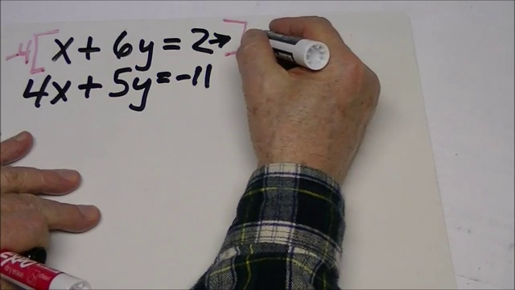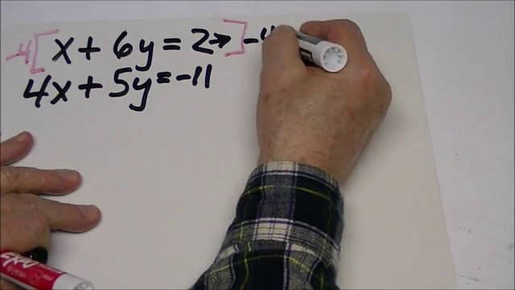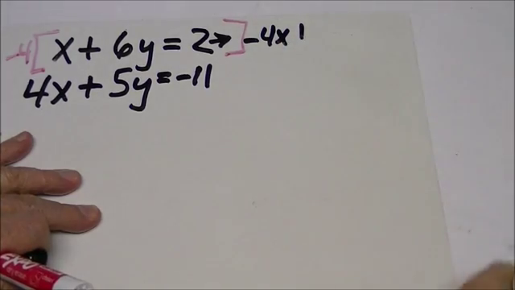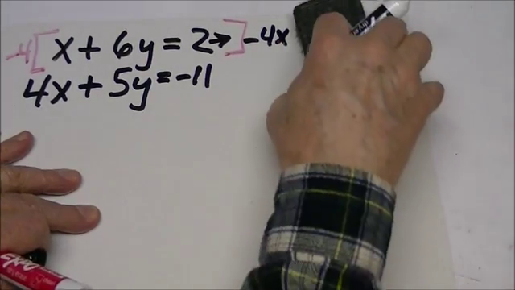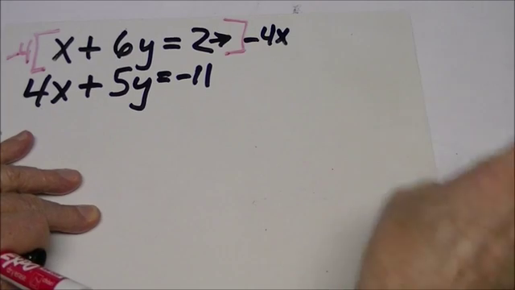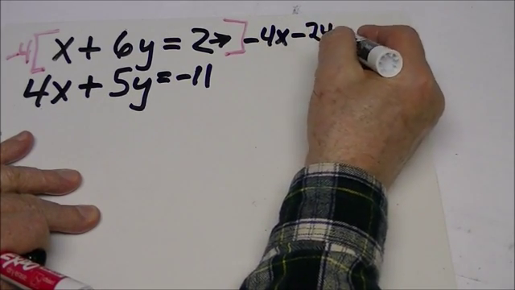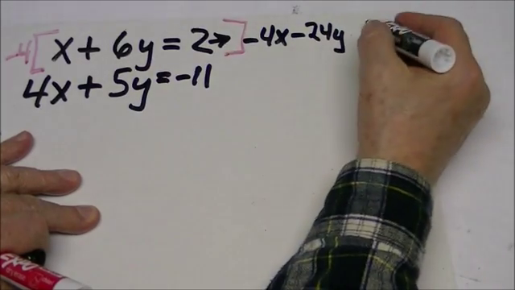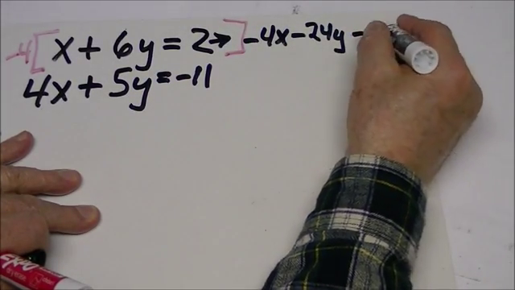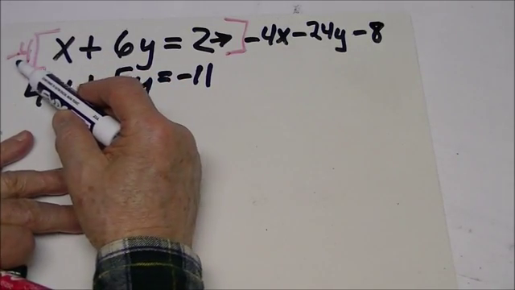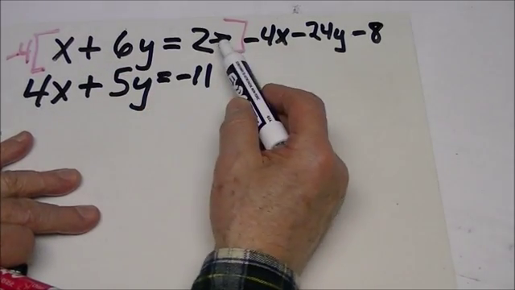This then becomes a negative 4x. This becomes a negative 24y. And this becomes a negative 8. So I'm just taking this negative 4 and multiplying it by each term.